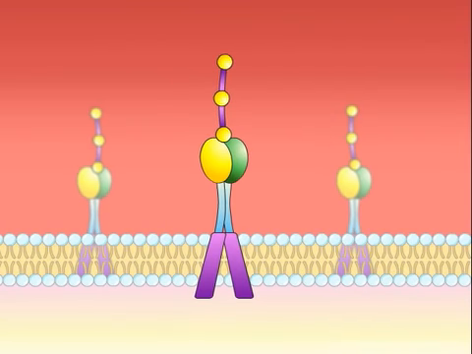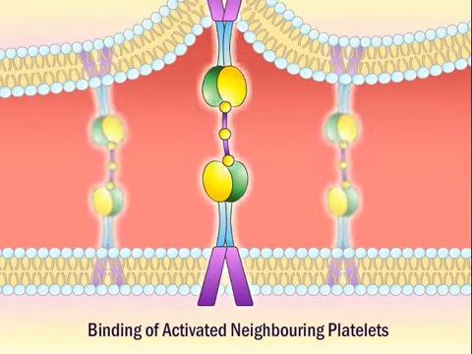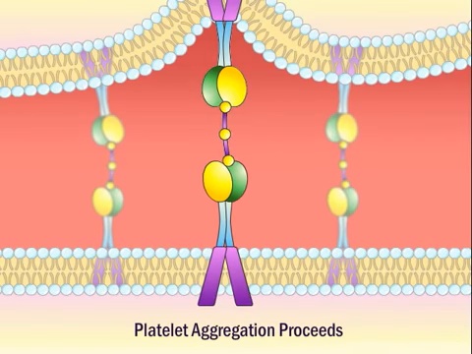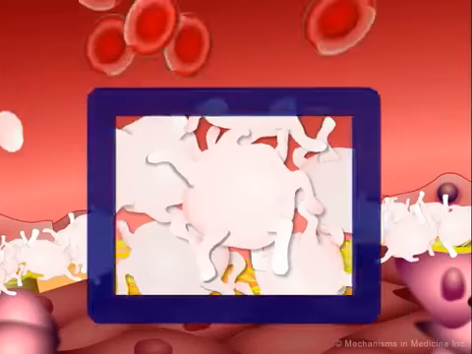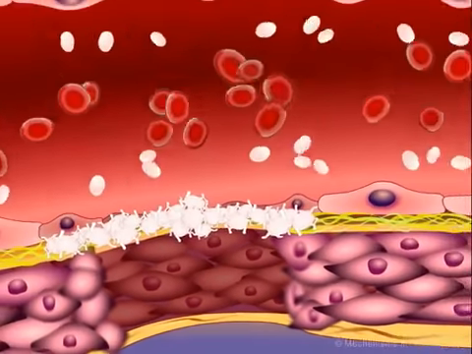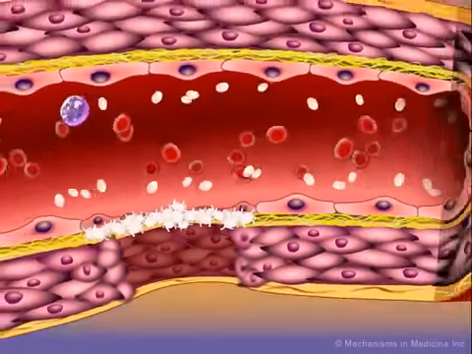Divalent fibrinogen and multivalent von Willebrand factor function as bridges between alpha-2b beta-3 receptors on adjacent activated platelets, thus allowing platelet aggregation to proceed. In this way, the large and complex metabolic repertoire of platelets allows them to effectively perform their primary physiological role, that of supporting hemostasis upon tissue trauma to form a platelet plug that arrests blood loss from a vascular injury.